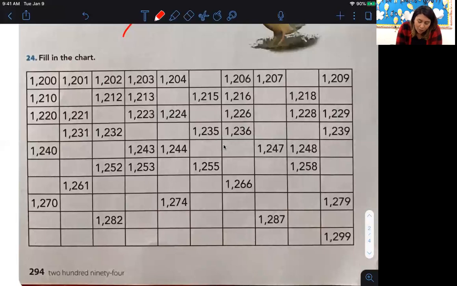Yes, Timmy, 1,205, 1,206, 1,207. What, Jaden? 1,208, 1,209, 1,210. What was next, Mia? 1,211. Good job. 1,212, 1,213.